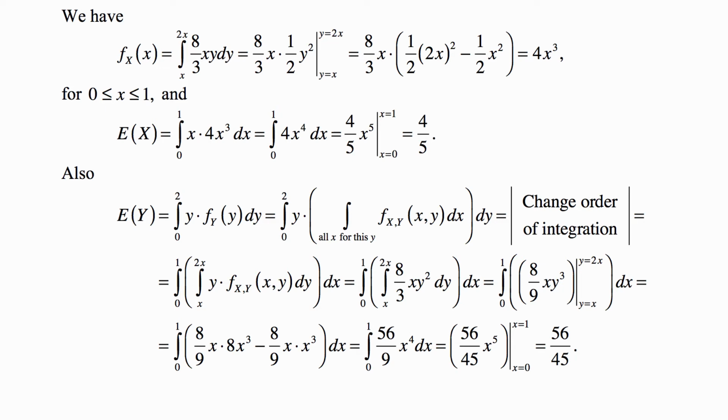And you may wonder, can I do this? The answer is the Fubini theorem, which says that whenever the double integral exists, you can change the order of integration as long as you carefully evaluate where the calculation takes place. So you have to evaluate that region where the density is positive.